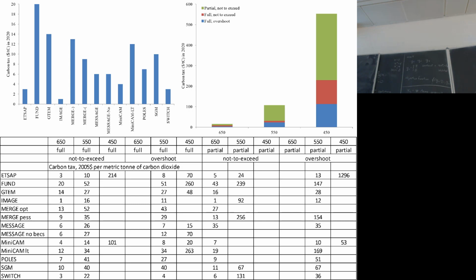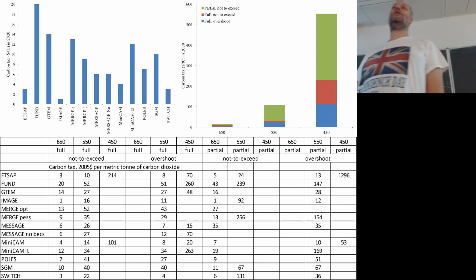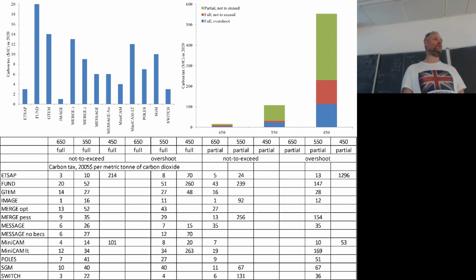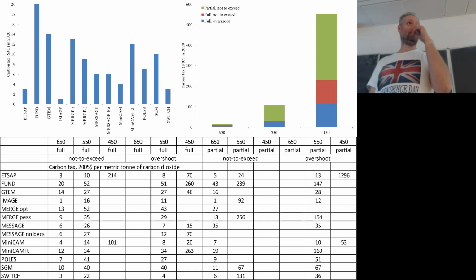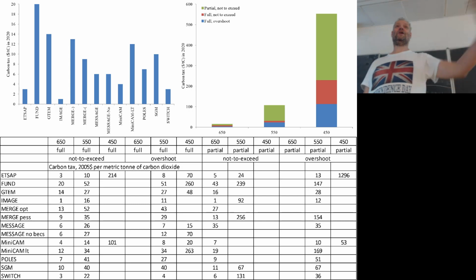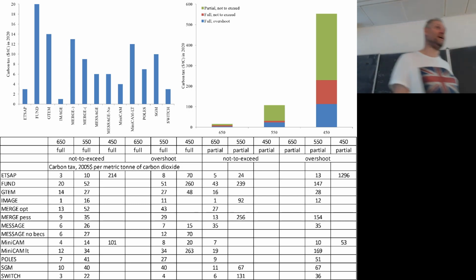Now, this is the carbon tax you would impose if your climate policy applies to the world as a whole. If instead you say, well, it's actually rich countries that emitted most CO2 in the past, and poor countries are poor and they cannot afford this, and instead you say, well, we're going to impose this policy, and this is a slightly older study, around the year 2020, that's next year, for the rich countries, and then middle income countries like India and China will follow in 2030, and really poor countries in Africa and places will follow in 2050, but we maintain the same target.